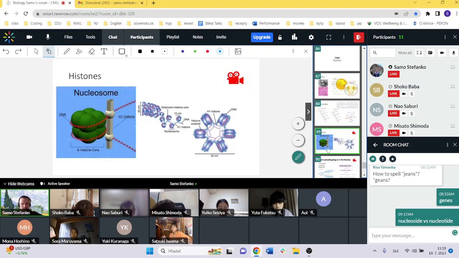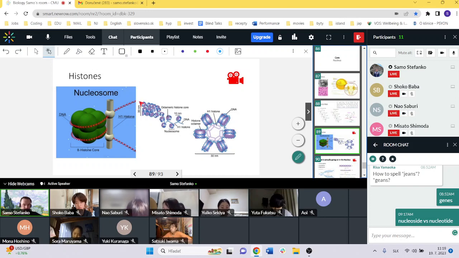Next part is about histones. What are the histones? You see maybe the icon here. We will watch a short video regarding that. Histones are proteins that serve as spools around which DNA is wrapped. So these green circles or bubbles are histones.